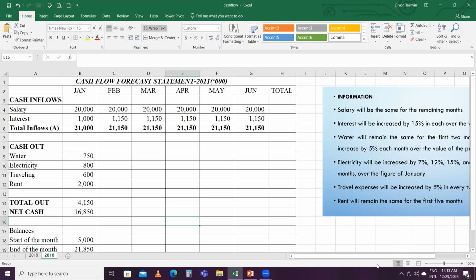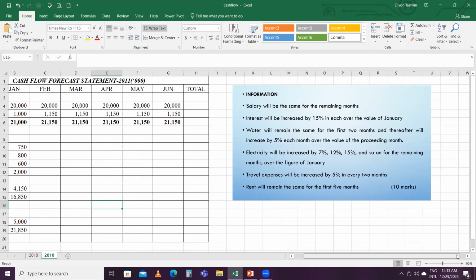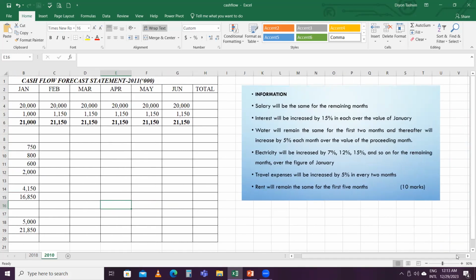Then water. It says water will remain the same for the first 2 months, and thereafter it will increase by 5% each month over the value of the preceding month.